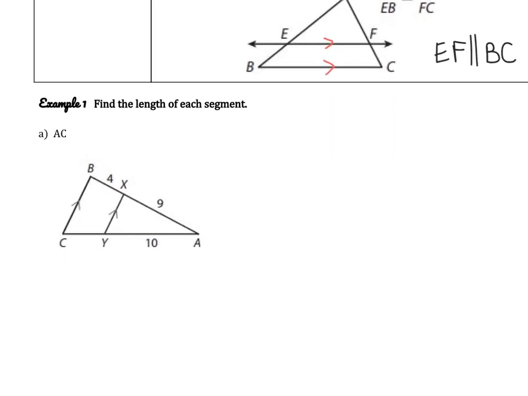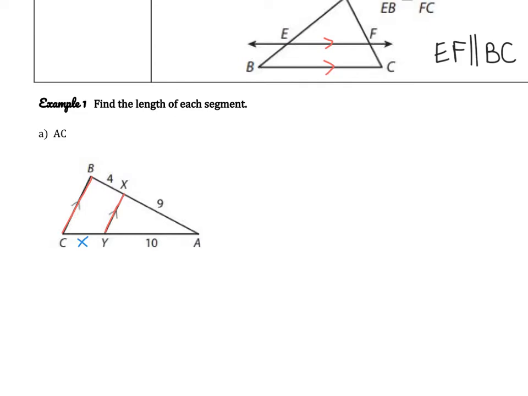Okay, so let's look here at example 1. Here we're asked to find the length of segment AC. So to find the length of segment AC, it would be helpful to first find the length of YC. So we can set up a proportion because we see that these two lines are parallel, and this line intersects the other two sides of the triangle.